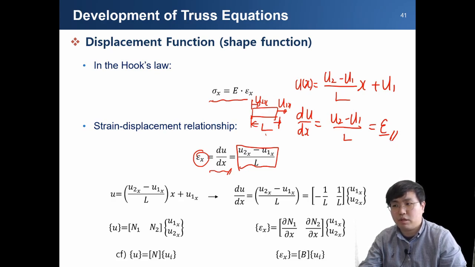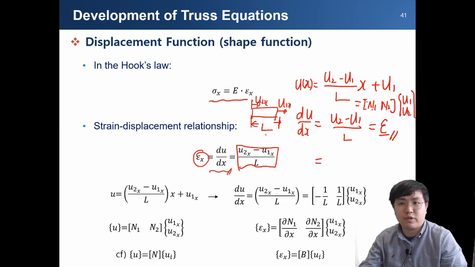However, in the previous slide we said that this is u1 and u2 in vector form, because we are going to obtain the exact u1 and u2 values after calculating the linear algebra system.